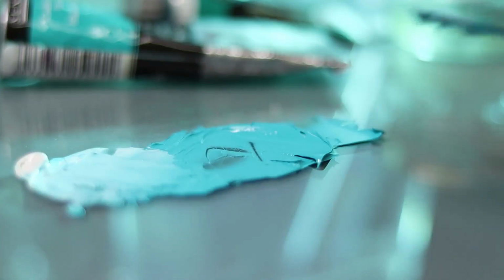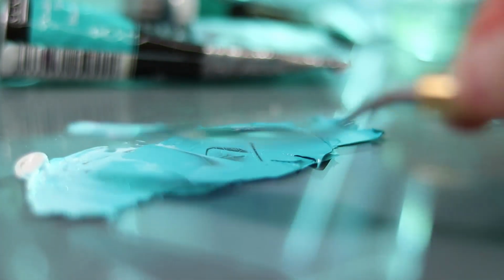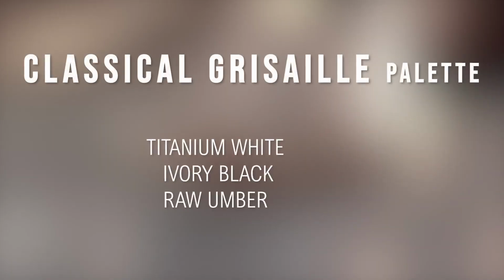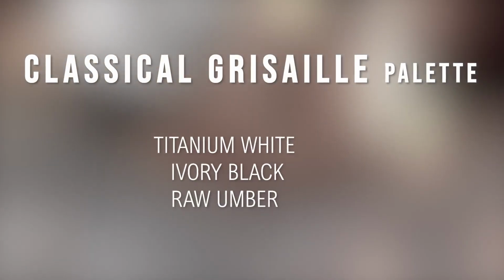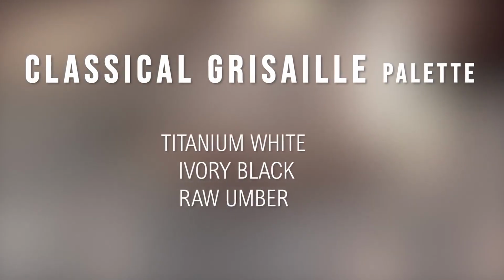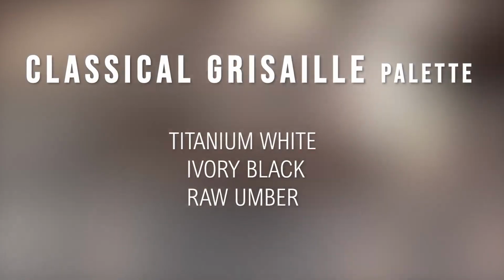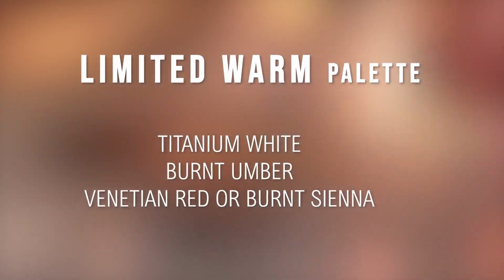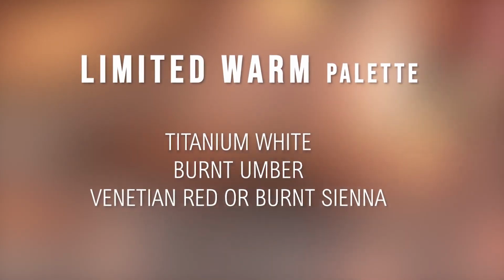Here are some more ideas for palette arrangements, some of which contain additional pigments to give you more options. This is an idea for a classical grisaille palette: titanium white, ivory black, raw umber. A limited warm palette can be created with titanium white, burnt umber, and Venetian red or burnt sienna.